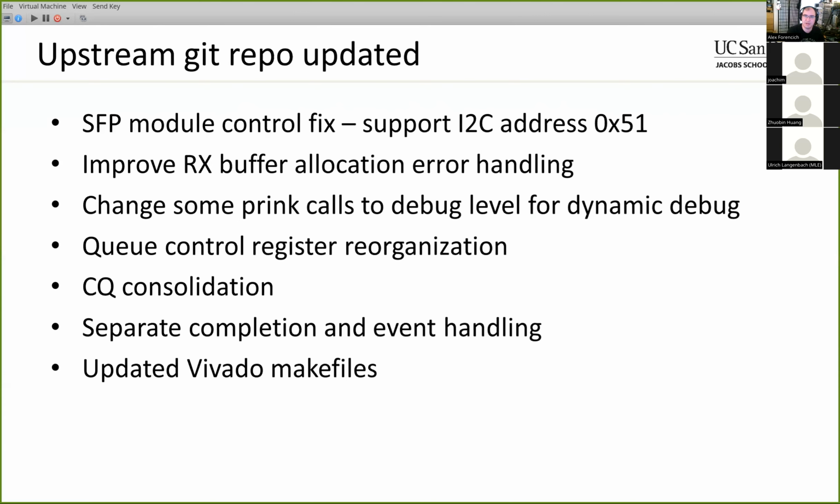All right, so I've updated the GitHub repository with a handful of changes. A couple of these are pretty straightforward, but a couple of them are a little bit more complex. So first one is we got some changes from the guys at Missing Electronics to fix some of the SFP interface code.